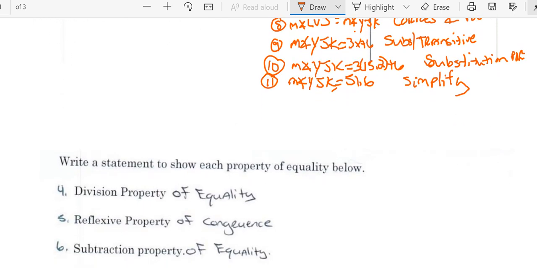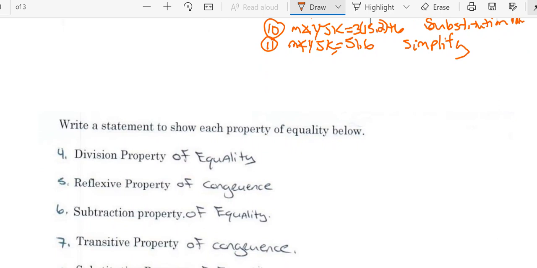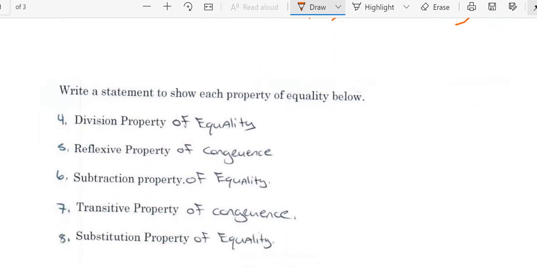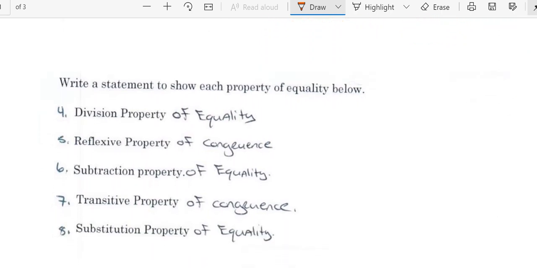For the next one, numbers 4 through 8, they ask you to write a statement showing the property. You can pretty much do whatever you want for this. For the division property of equality, it would be something like 3x equals 15. Then x equals 5. You're dividing both sides. Reflexive property of congruence.